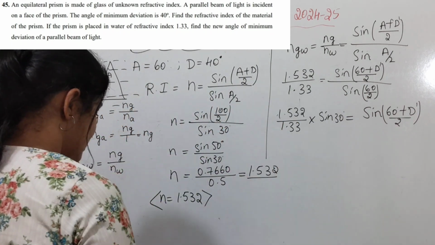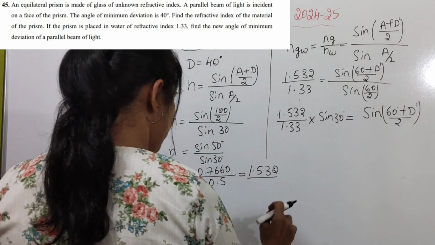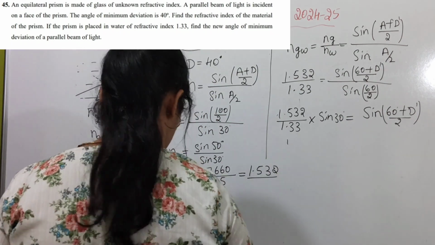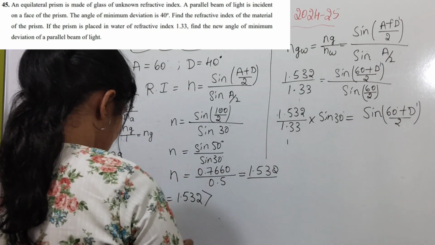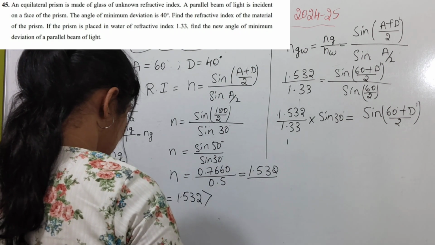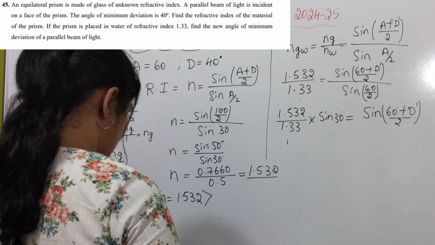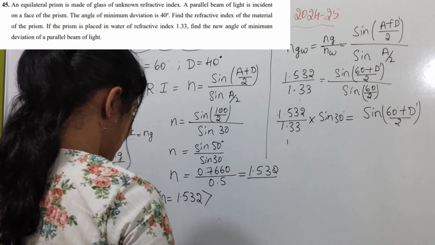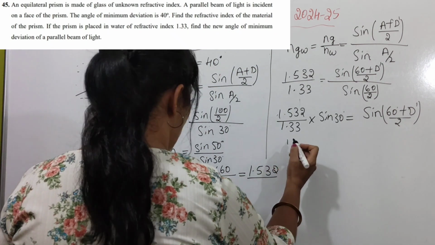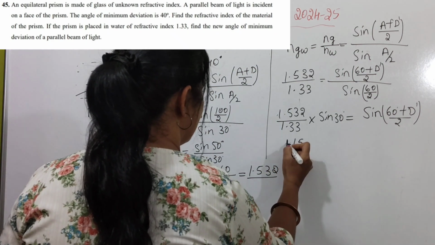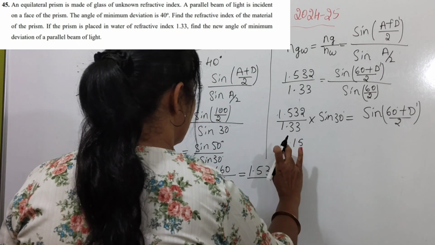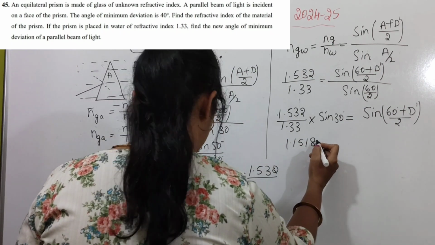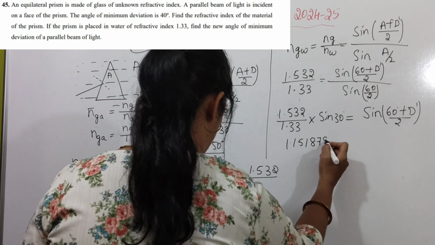So now let us calculate this. 1.532 by 1.33, first I will calculate this. 1.532 divided by 1.33 is 1.151879.